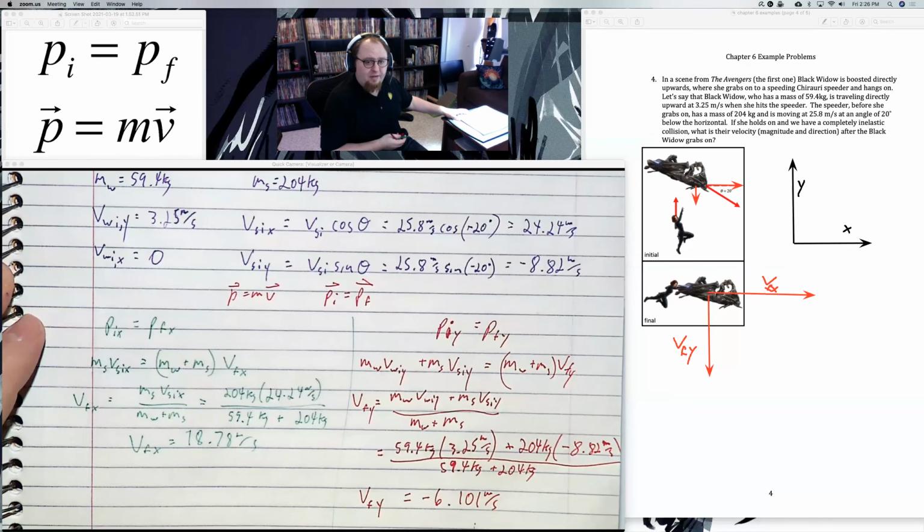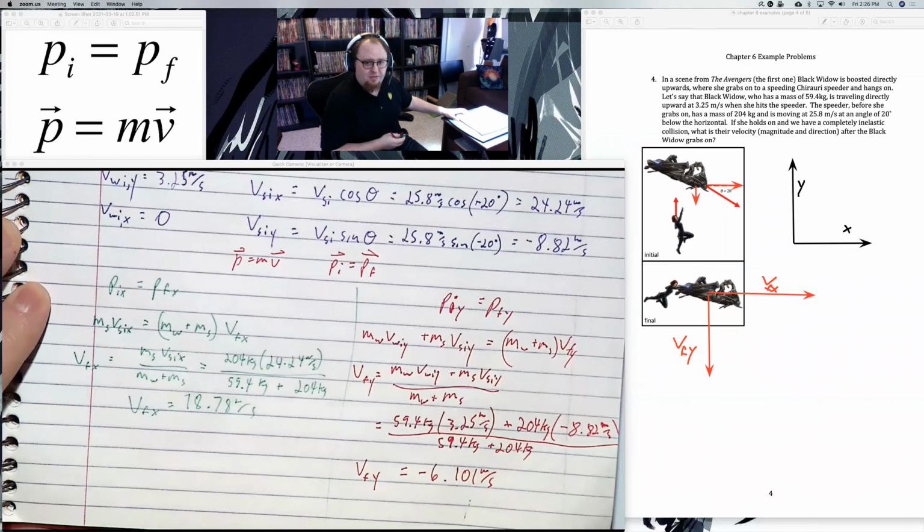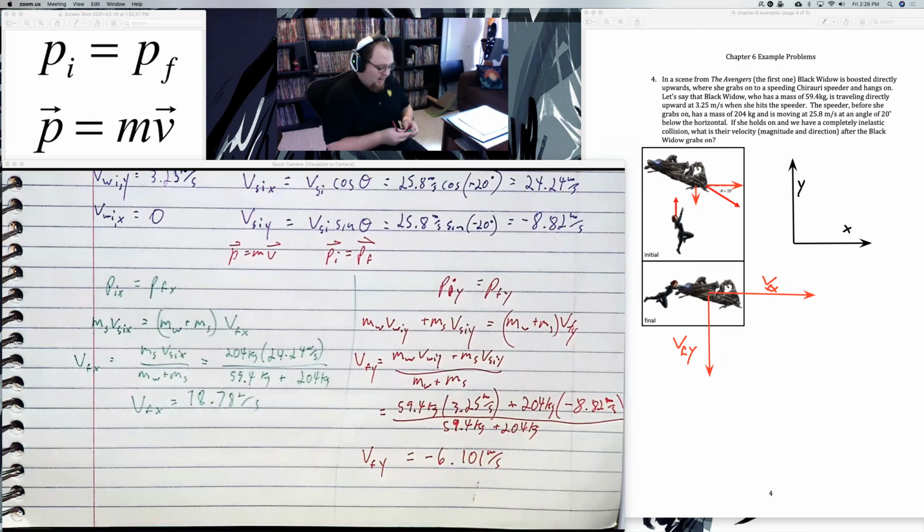And I want to get rid of some of the stuff above for a second. I know the x component and I know the y component.